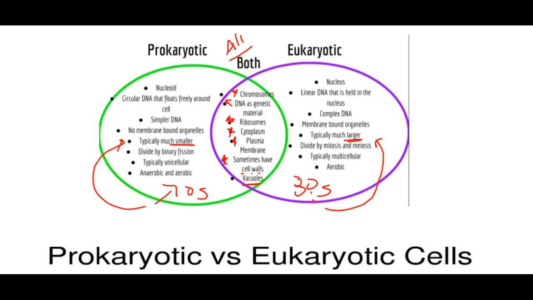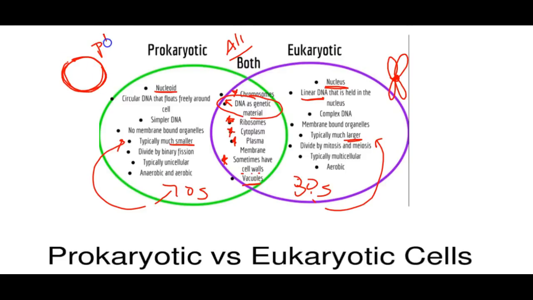Okay, so both cells are identified as having some kind of DNA as a genetic material. We know that DNA is kept within the nucleus of a eukaryotic cell and within a nucleoid region of a prokaryotic cell. The DNA is linear in shape, okay, and so the DNA will actually resemble an X-shaped chromosome in the eukaryotes. The prokaryotic chromosomes are actually going to resemble a ring.